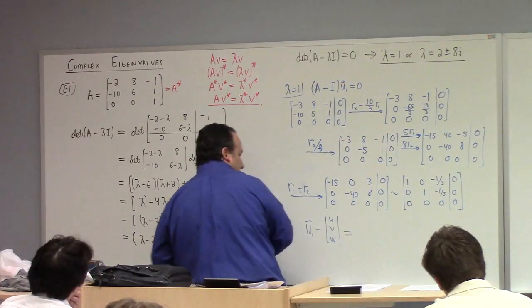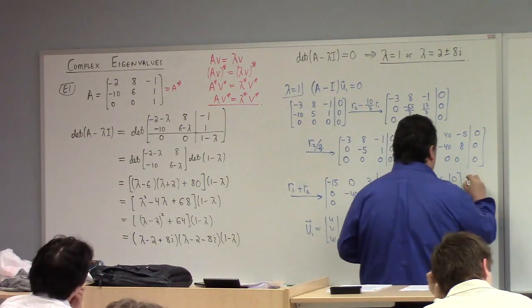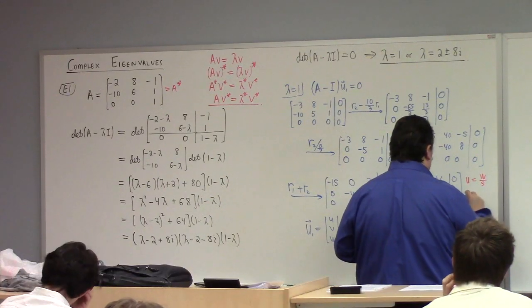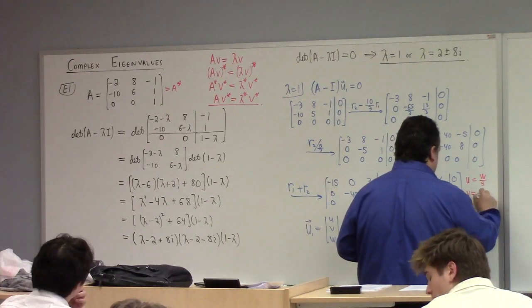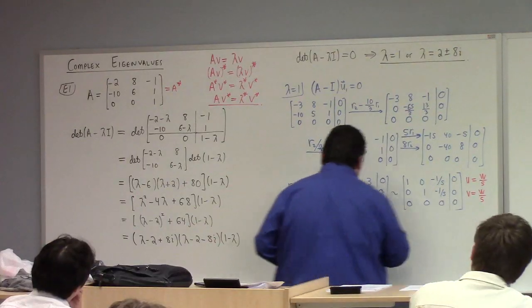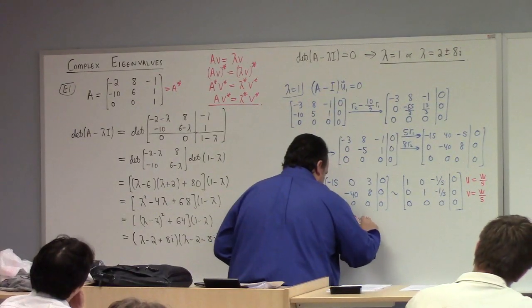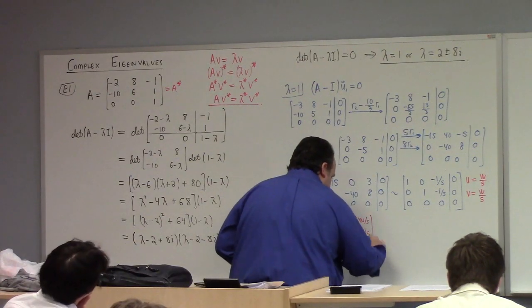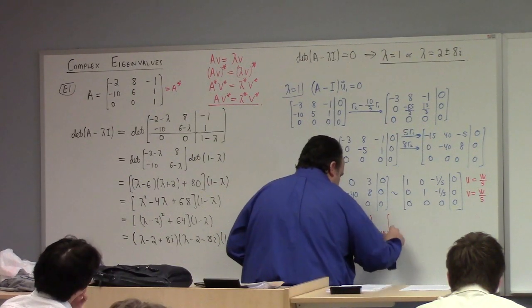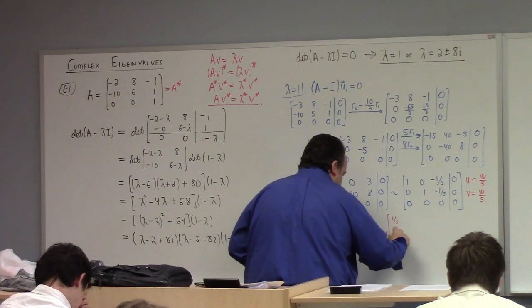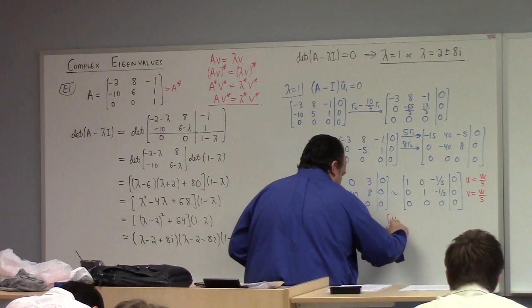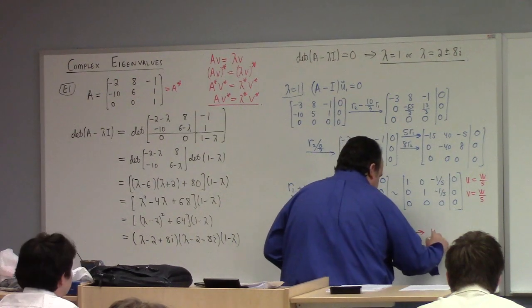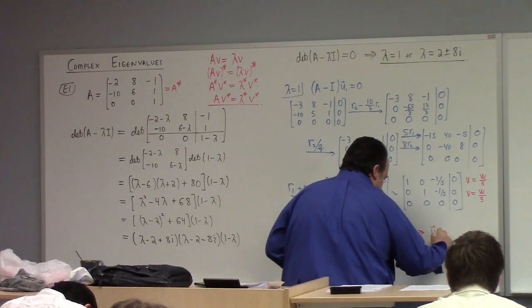Apparently, we have to have U equal to W over 5. And this one tells me V is equal to W over 5. So I can trade this for a W over 5, W over 5, and a W. Factor out the W. And you got 1/5, 1/5, 1, right? I say that this means we're going to choose U1 equal to what?